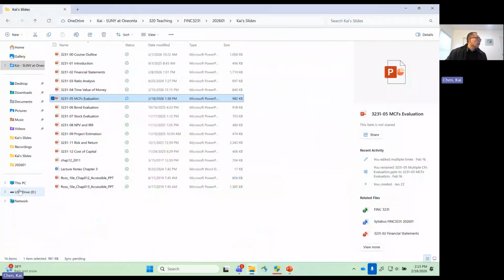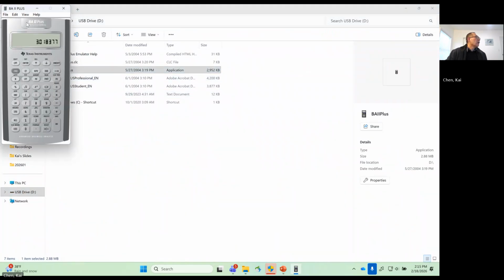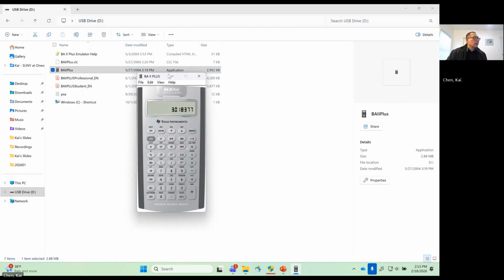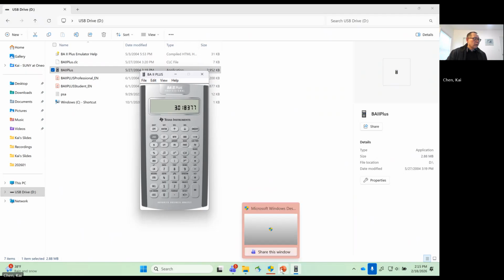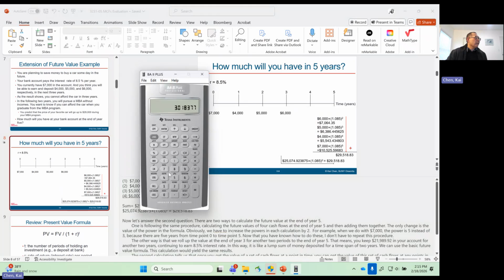In your calculator, you can find a key, store, STO. That means you can use this key to save a number on the screen.